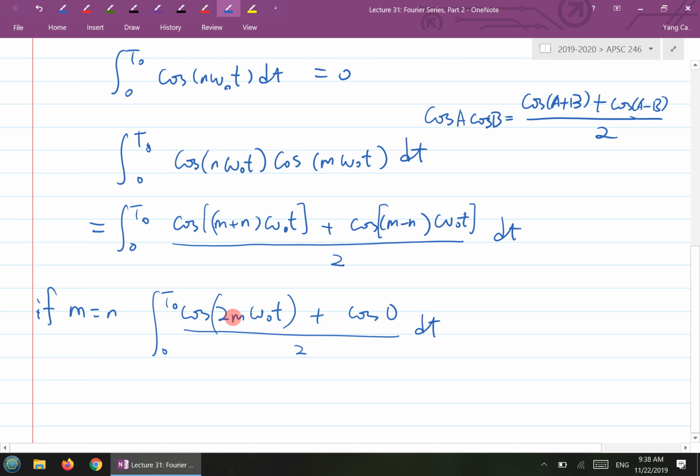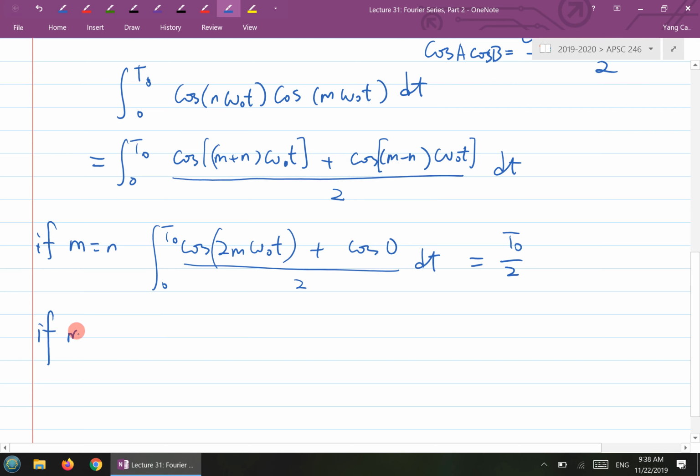The integral of a cosine over a period has to be 0, right? Because it's the area underneath the cosine, it's going to be 0. And cosine 0 is 1, so the integral of the second term is T naught over 2. So the overall result is T naught over 2. That's when m is the same as n.